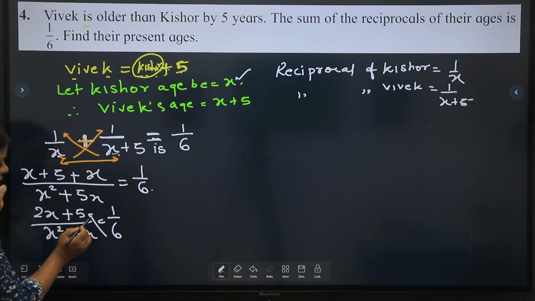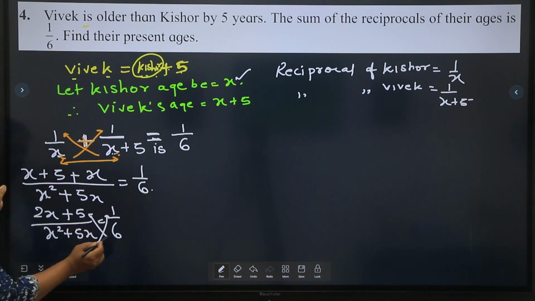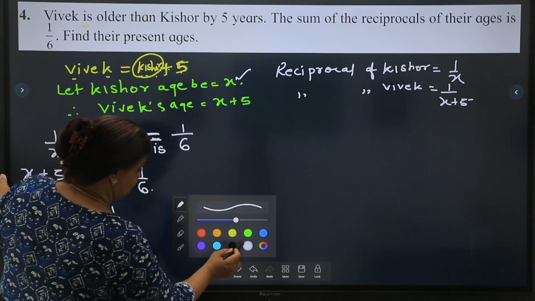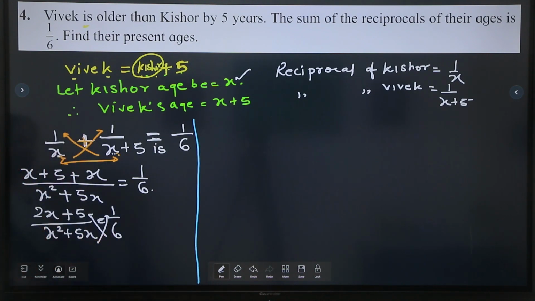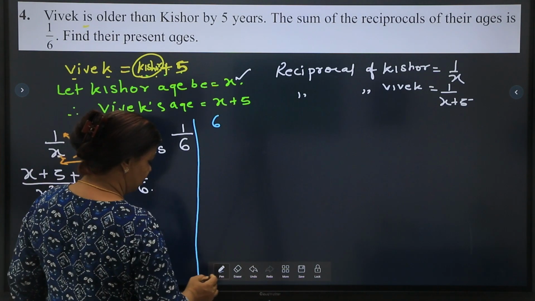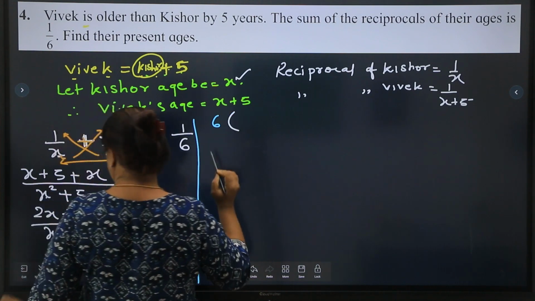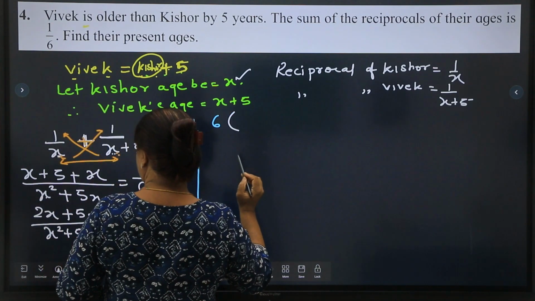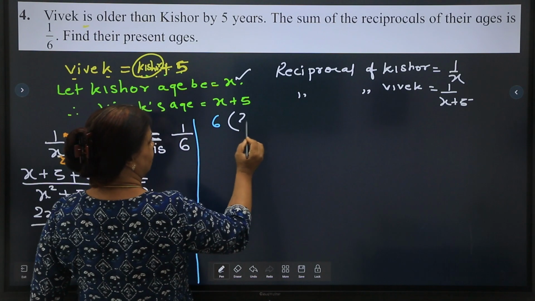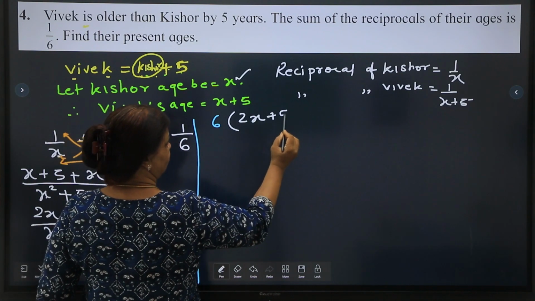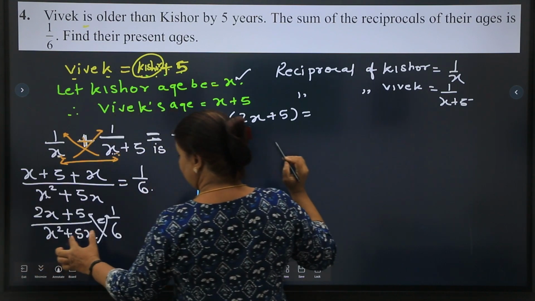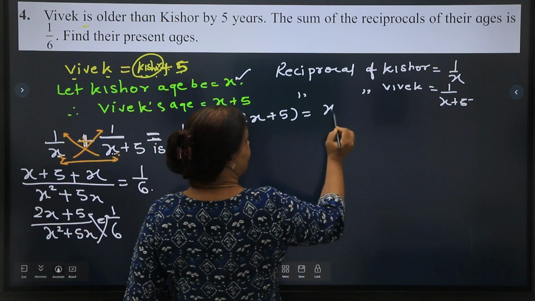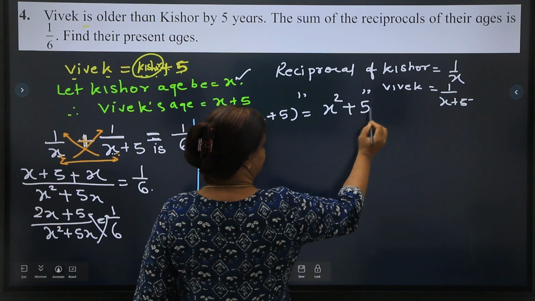Now this will get multiplied here and this will go here, but they both will not multiply because in the middle equal is there. So what will we get? 6 outside the bracket, and inside 2x plus 5, is equal to x square plus 5x multiplied with 1, which is x square plus 5x.